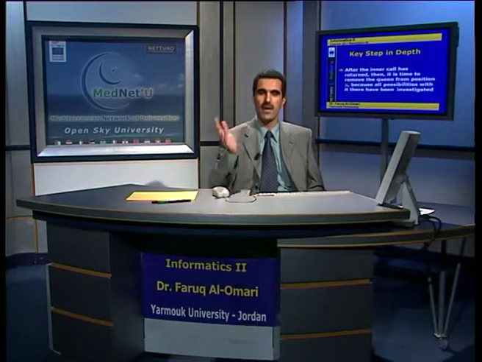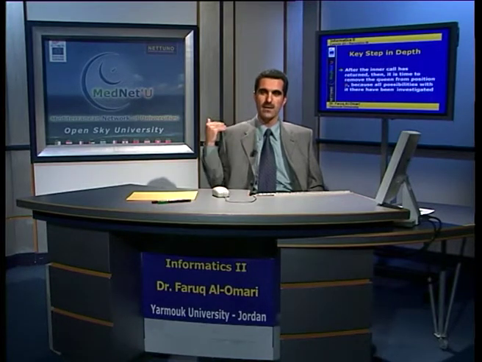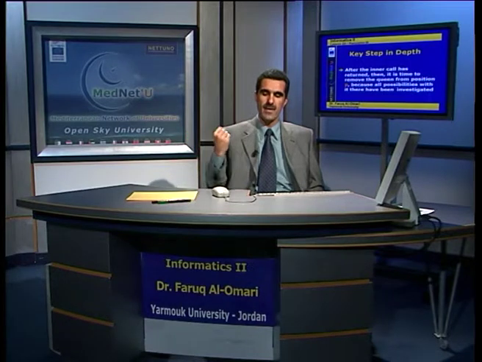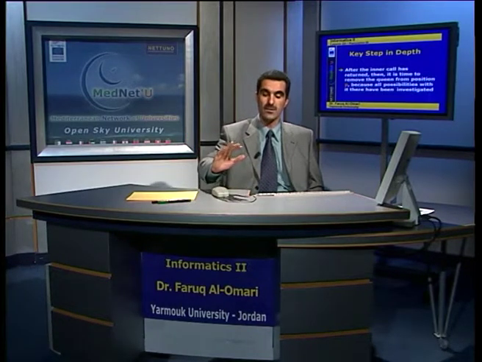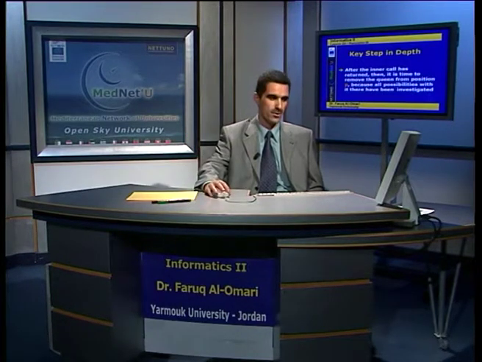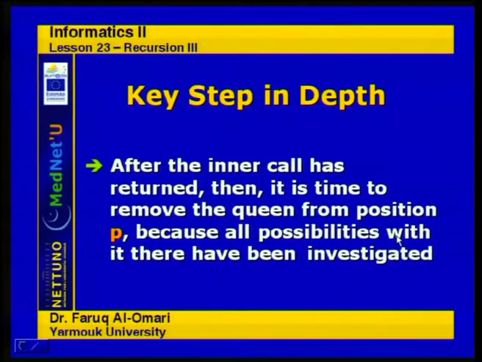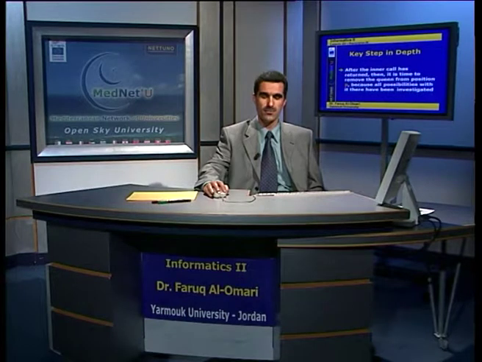So I have to draw back, return back my steps, and remove that queen from that position and start searching in other positions. Because simply, all possibilities have been exhausted and investigated, and these positions are not fruitful and they're not going to lead to a solution.